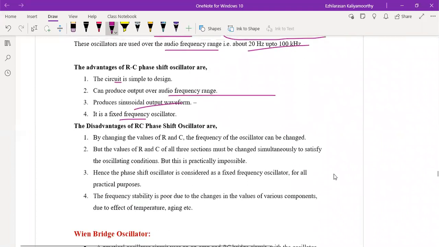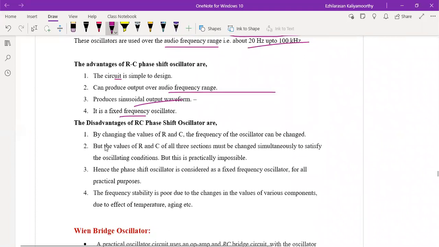Now, what are the disadvantages? When you change the values of R and C, the frequency of the oscillator changes. Here we are not changing any value of RC because we made all the R's and all the C's equal.